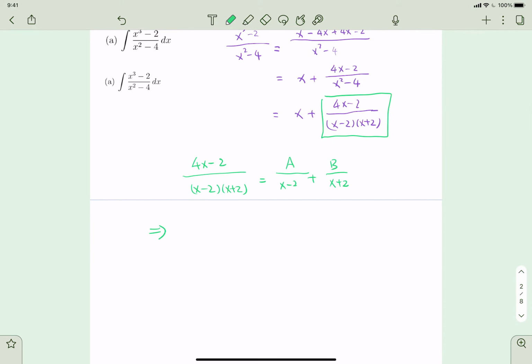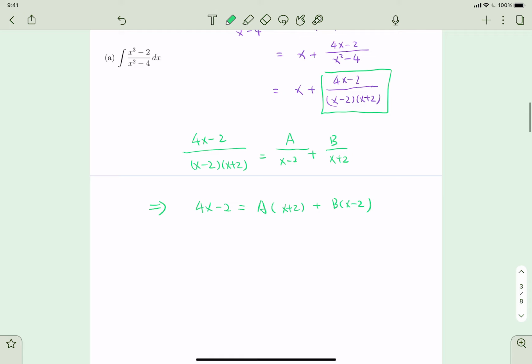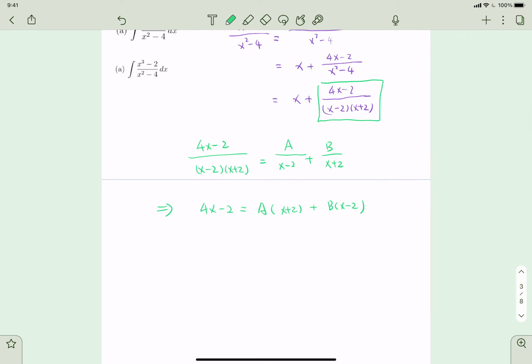And you're going to multiply through the denominator, and you have 4x minus 2 equal to a times (x plus 2) plus b times (x minus 2).